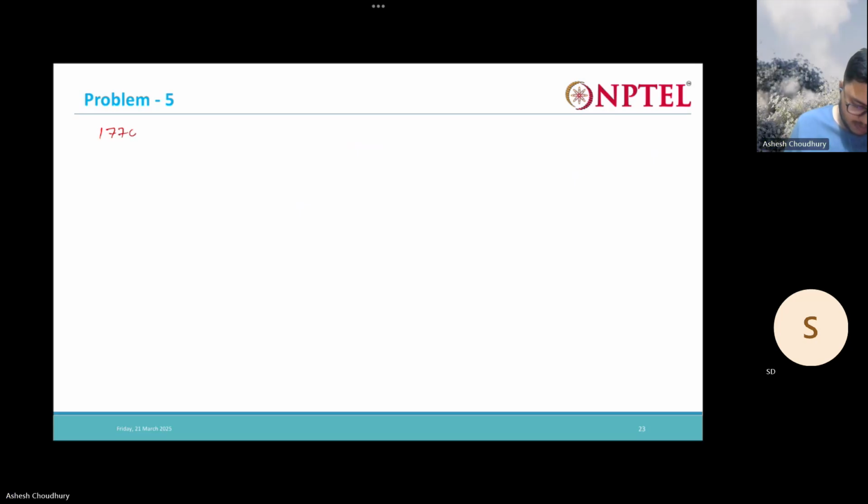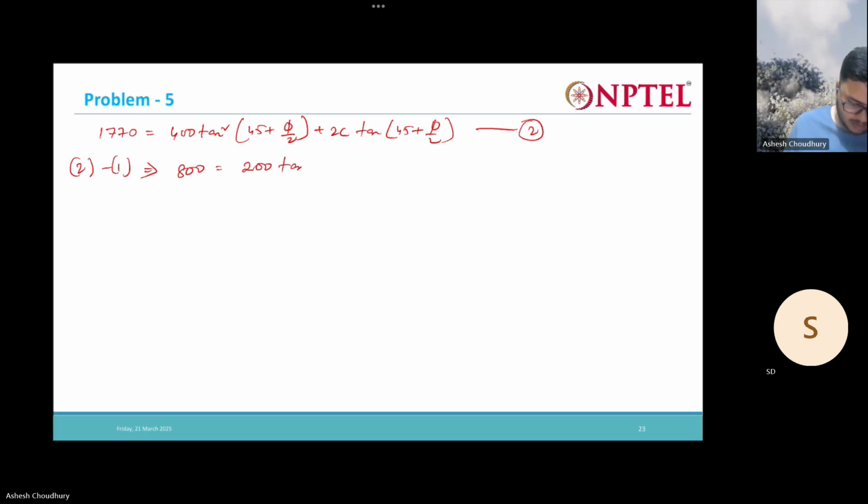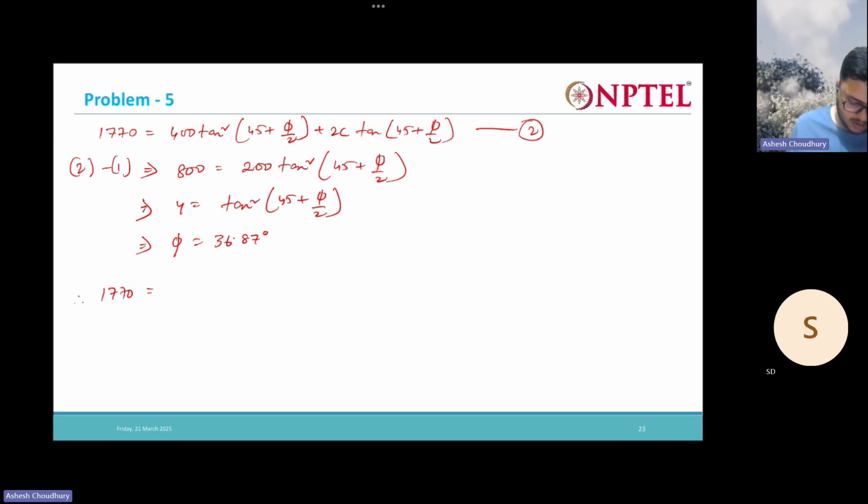Similarly, I can write the second equation, so I can take equation 2 minus equation 1.